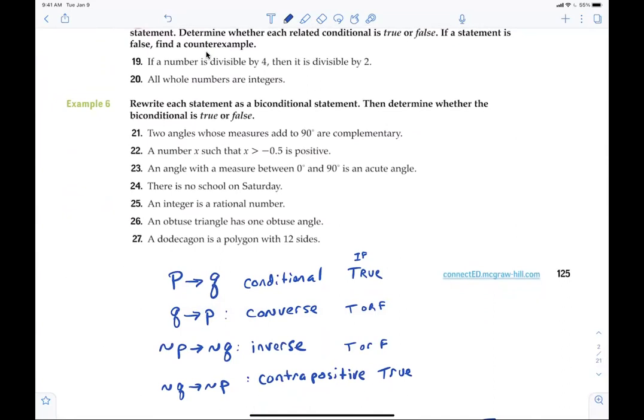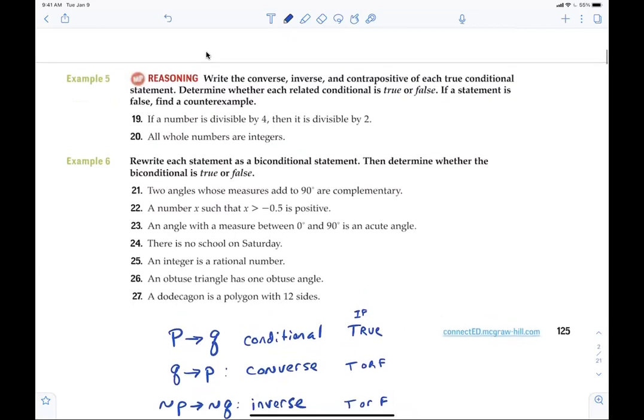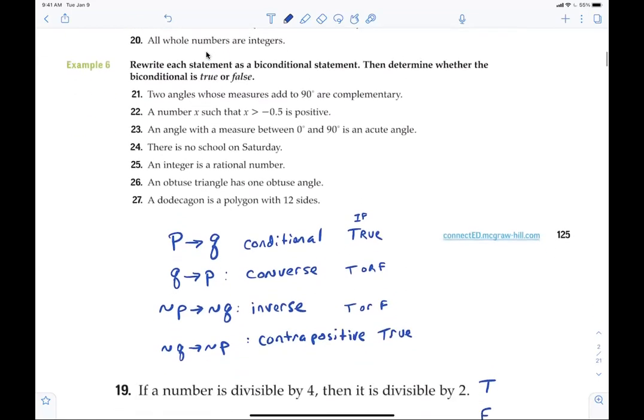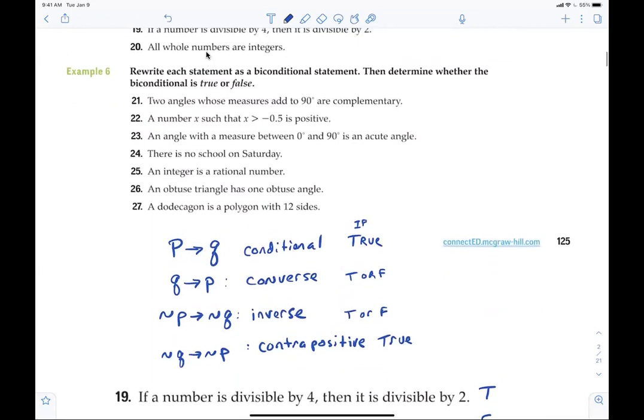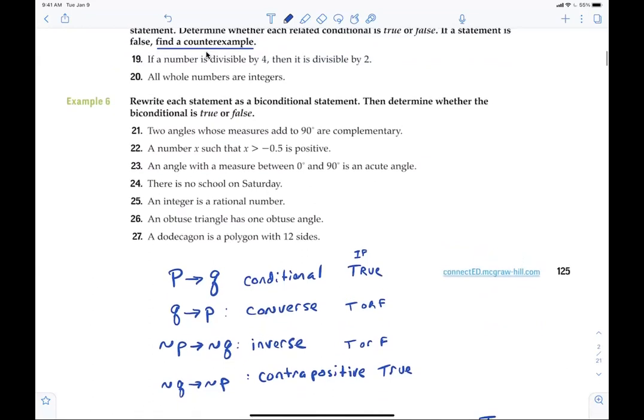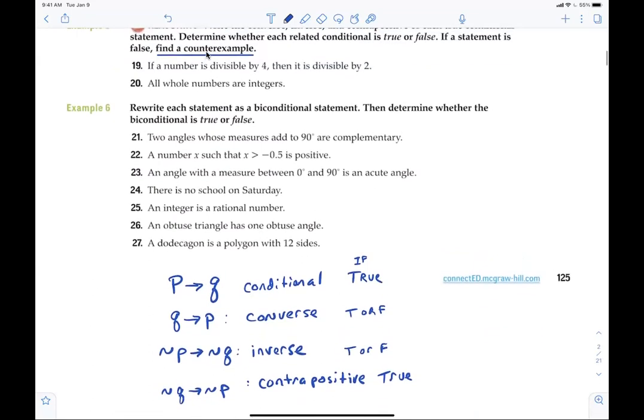When it's false, we still have to write an example. I didn't even read the directions. If a statement is false, yeah, it does say that. Thank you, Lexi. Find a counterexample. I gave you a counterexample in both of them, didn't I? We said that if a number is divisible by 2, then it's divisible by 4. So we could say 6 again. Does that make sense?